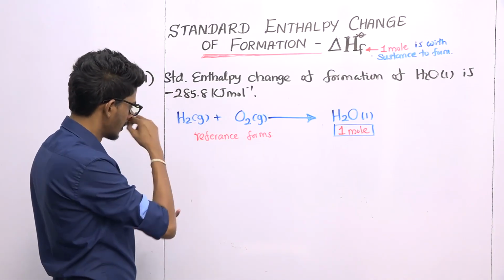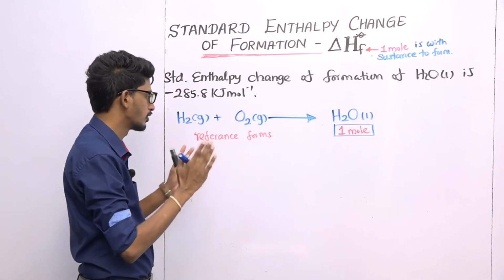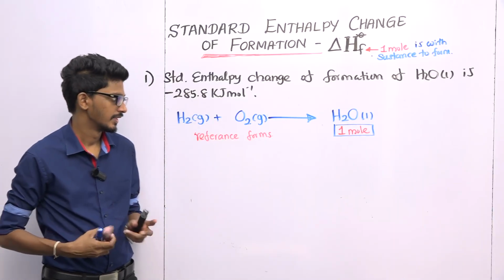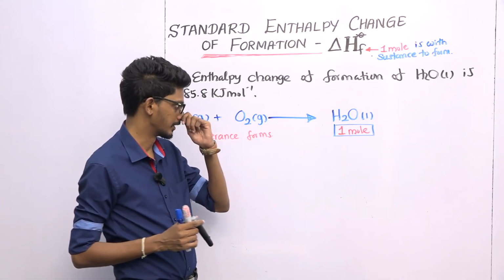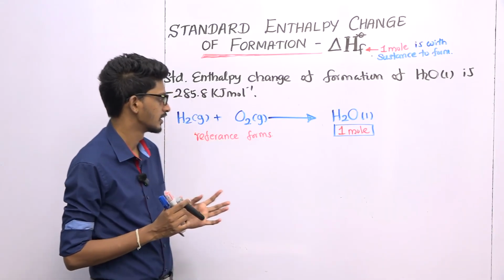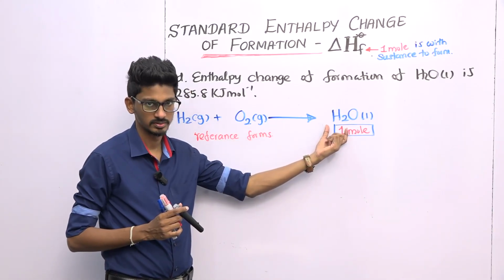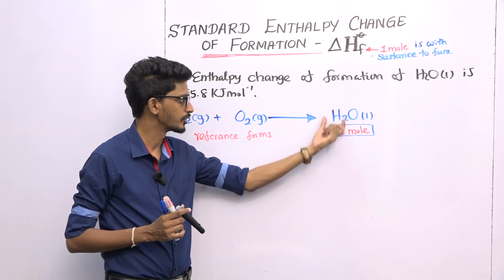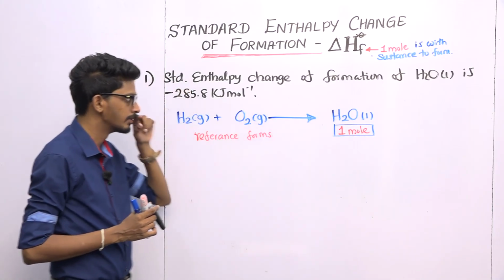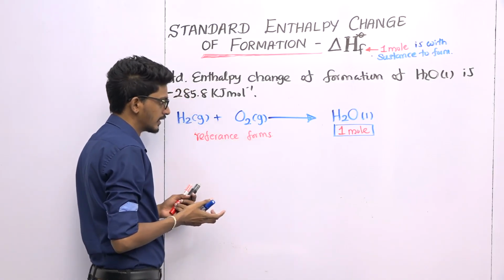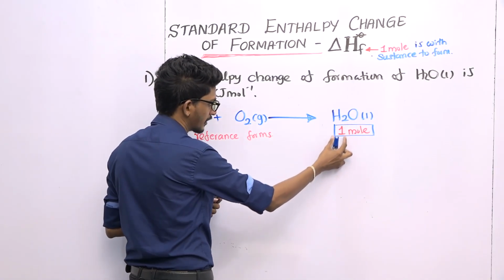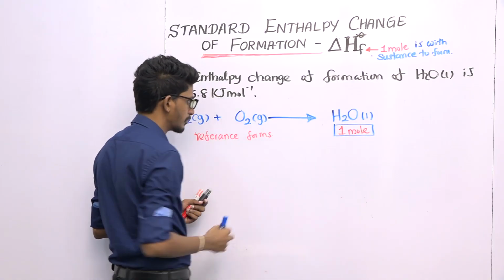Okay, so after that we have to balance the equation. The reactants and the products are written. Now we need to balance it. When balancing the equation, this 1 mole is very important. Relative to this 1 mole, the equation will be balanced. So this is about the delta H naught f.